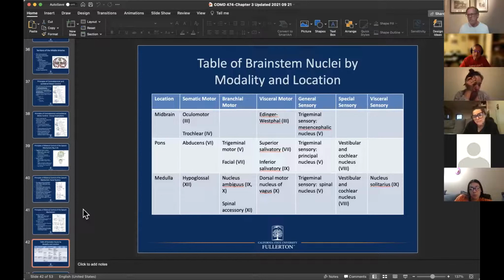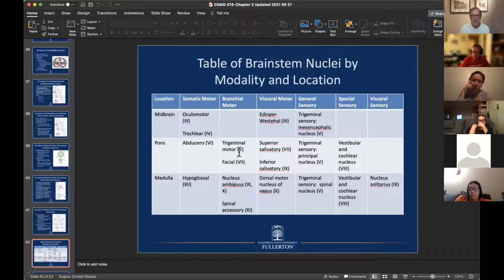In regards to 42, I know that this is the modality. You want us to specifically know that the midbrain is responsible for those particular cranial nerves. Well, it contains those nuclei, and in particular, we're not going to deal with these. Is my pointer coming across? Yes. The visceral motor, except for the dorsal motor nucleus of 10, we will deal with later on.